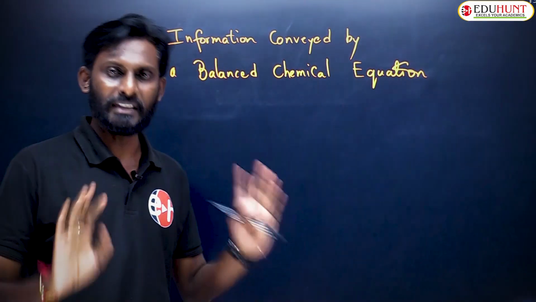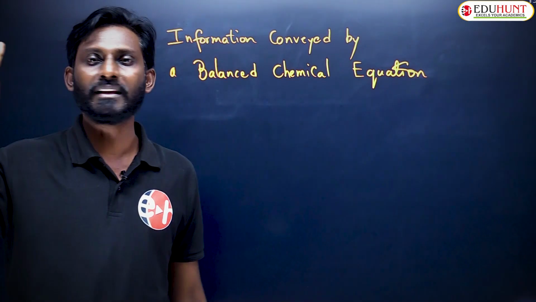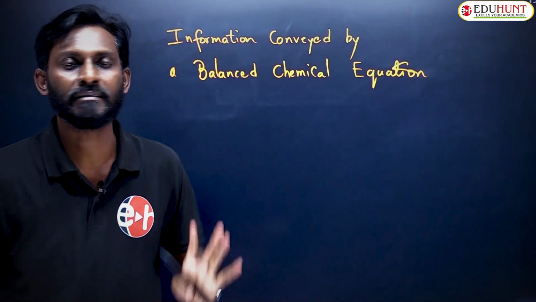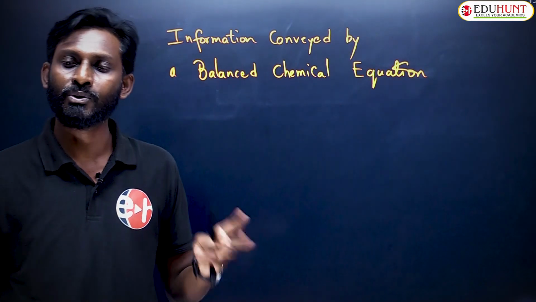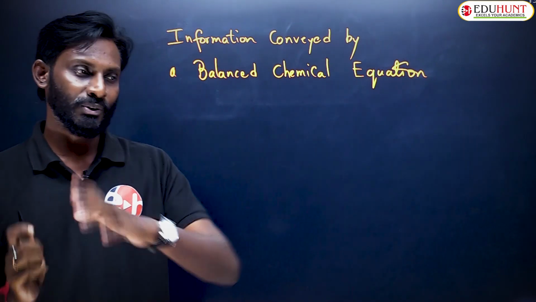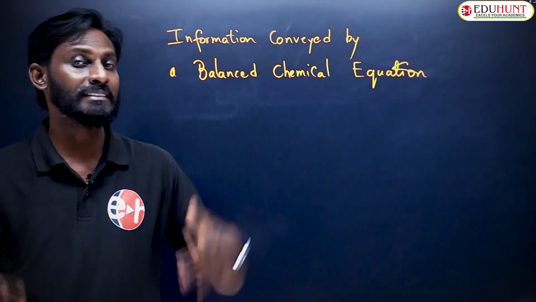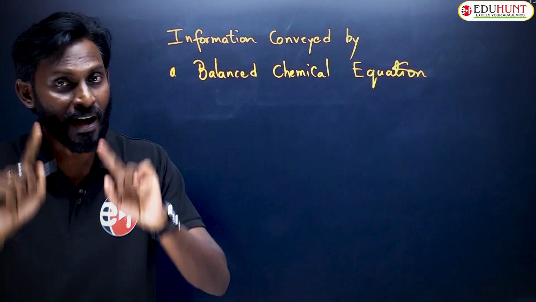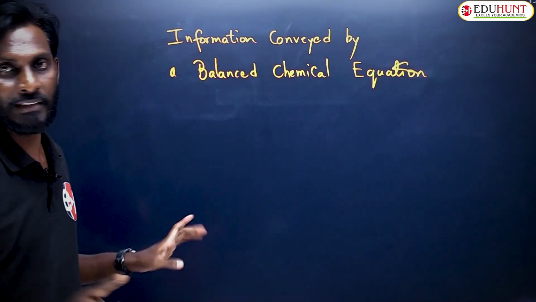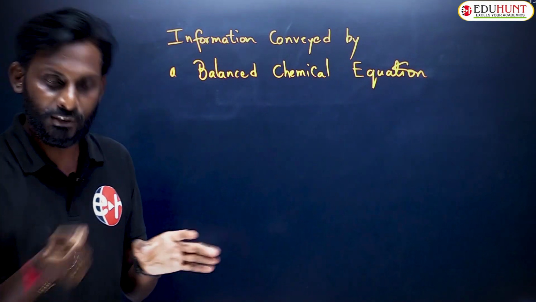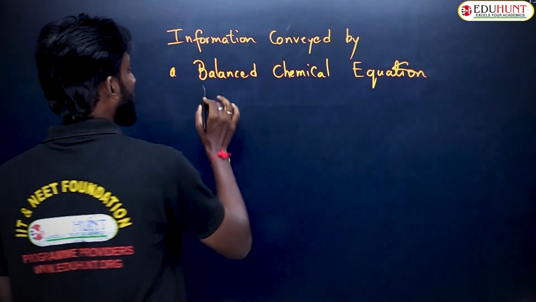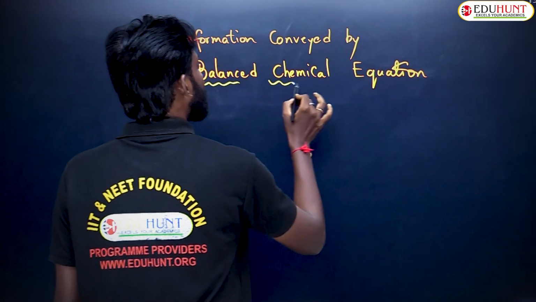Simply, there is a chemical reaction that actually happened in front of you. You know what reactants participated and what product is formed, that is the reaction, and you are representing that reaction on paper, and that is called an equation. And you balanced that equation, so now it becomes a balanced chemical equation.